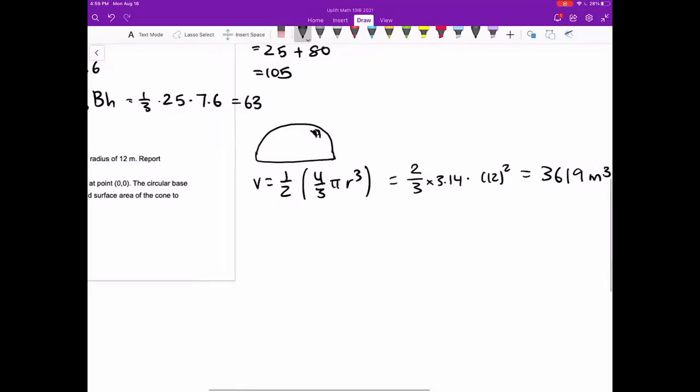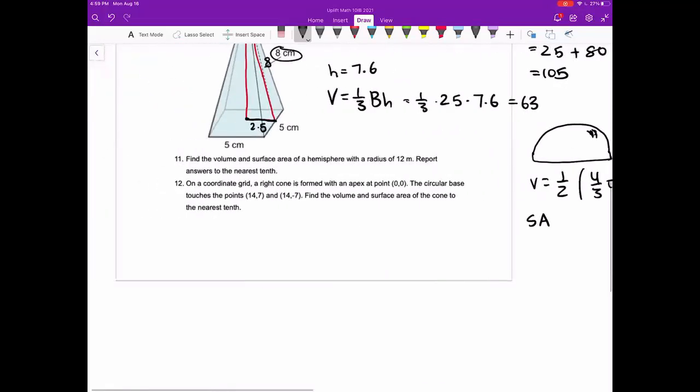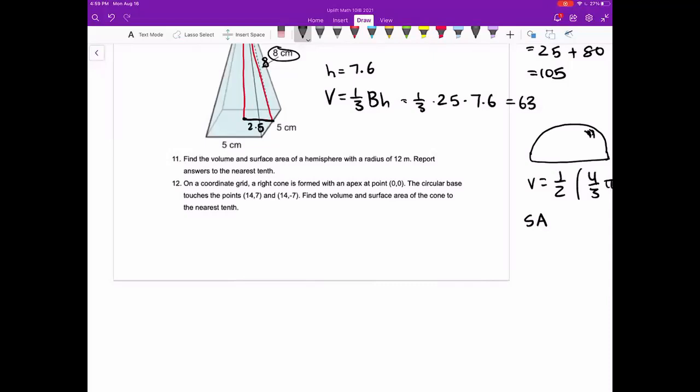Okay, now for the surface area, should we just quickly go over it? That's not correct, Edward, but you're kind of close to it. Let's just do the surface area underneath question 12.